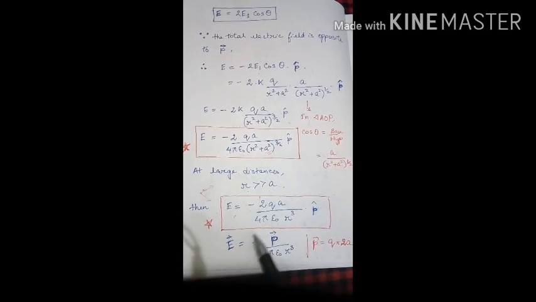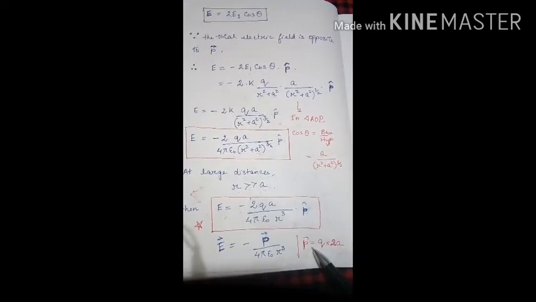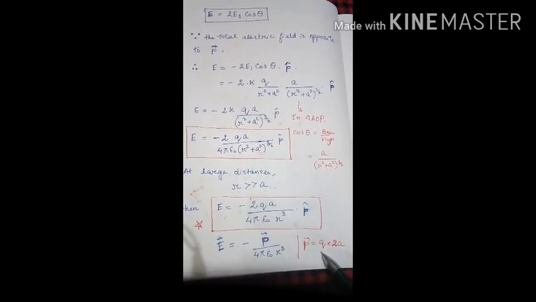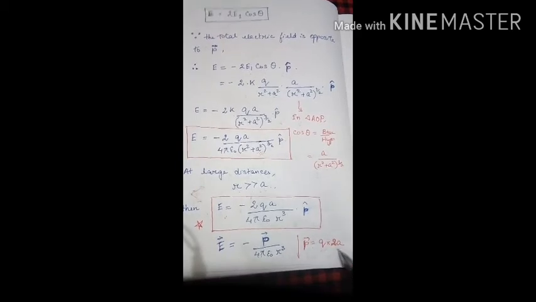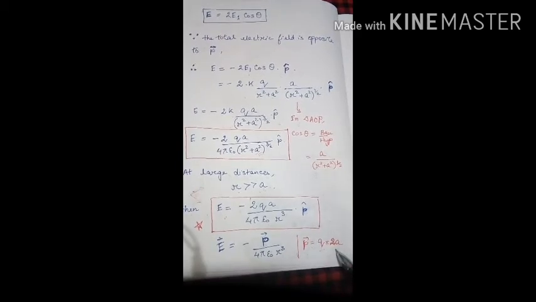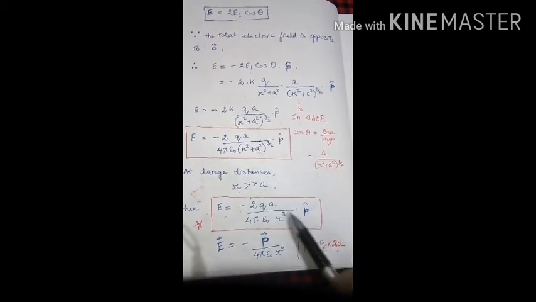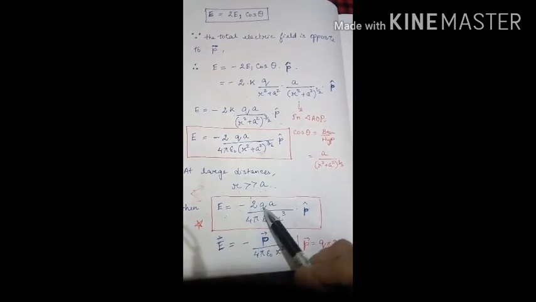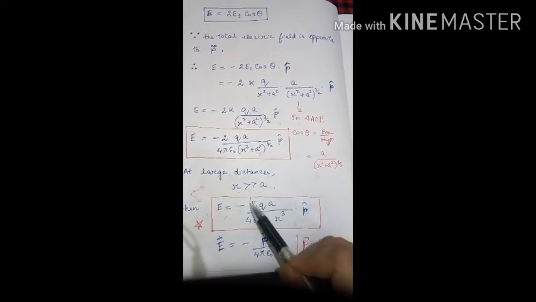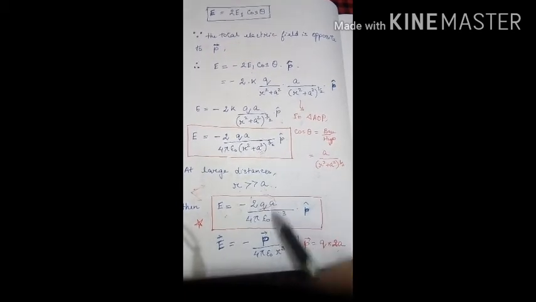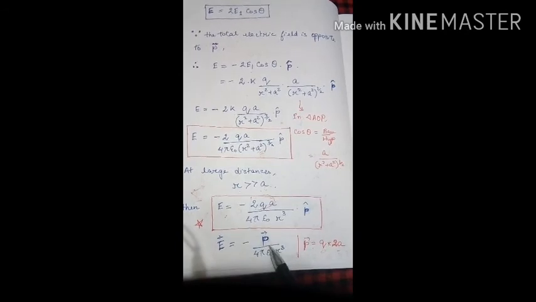In the next step, we already know that the dipole moment p is equal to q into twice a. Here q is the magnitude of any of the charges and twice a is the length of the dipole or the distance between the charges. So what we have in the numerator here, 2qa, we can write as q into twice a, and we can substitute this value as the dipole moment p, which is a vector.